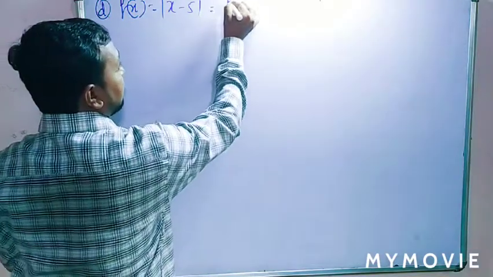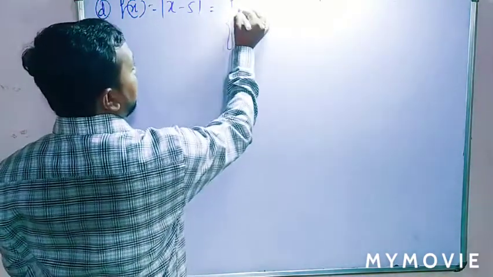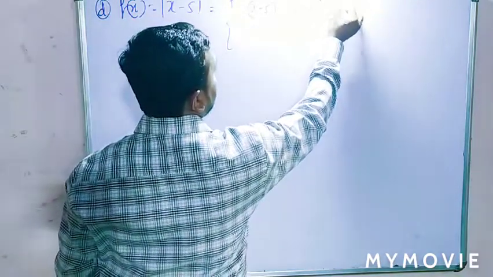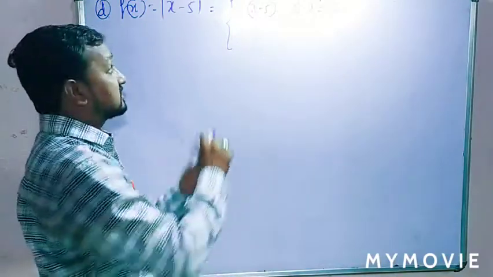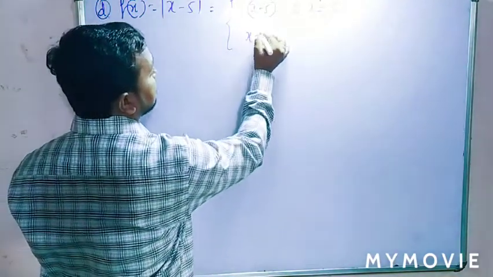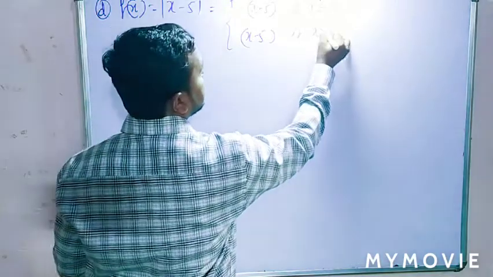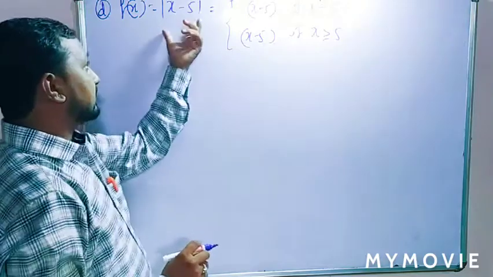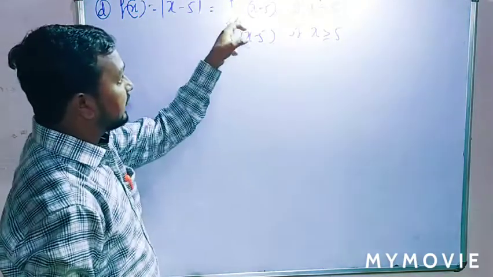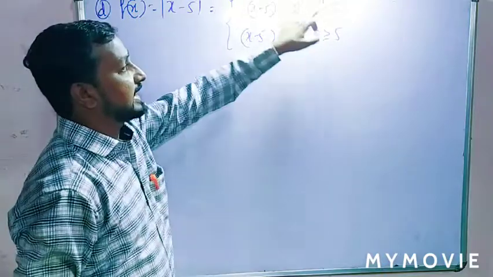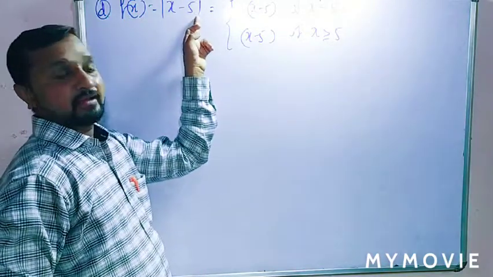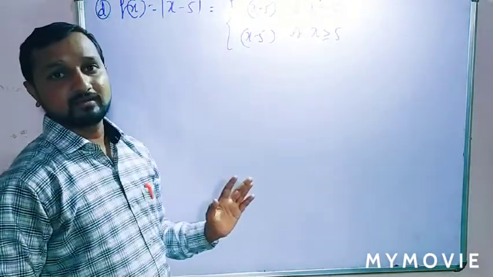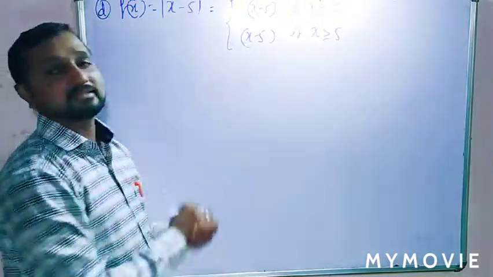This function can be written as minus of x minus 5 if x is less than or equal to 5, where x lies below 5, and plus x minus 5 if x is greater than 5. Suppose the mod is opened, then there is a negative value if x is less than 5, and a positive x minus 5 polynomial function if x is greater than or equal to 5. So the mod x function can be written in this form.